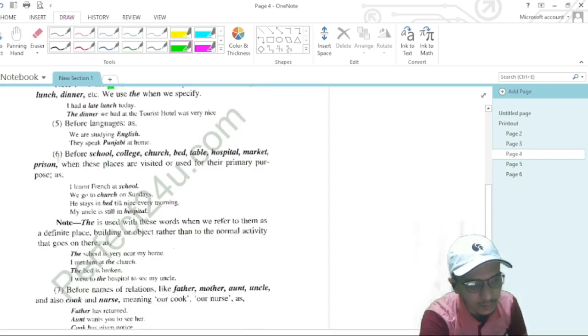The next rule is rule number 6. Before school, college, church, bed, table, hospital, market, prison, when these places are visited or used for their primary purpose, as "I learned French at school. We go to church on Sunday."